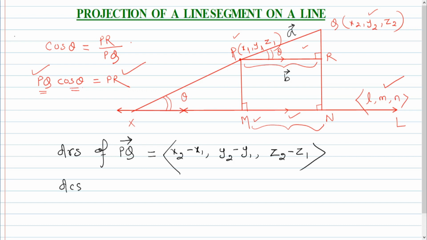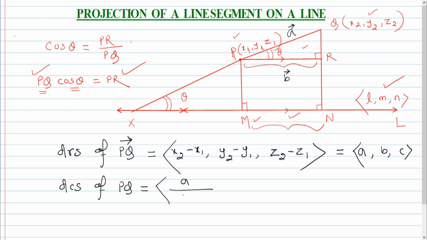Then DCs of PQ is equal to how much? If this one is DRs, symbolically denoted by a, b, c, then all of you know that if DRs are known to us, then we can find the DCs of the line.